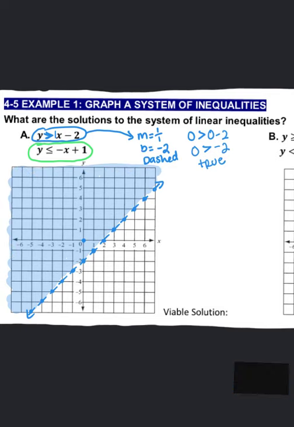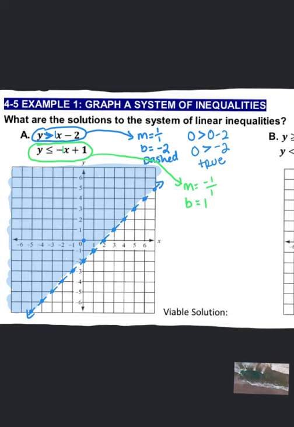Okay, so now let's do the green line. So I know that is also in slope-intercept form. So I know that the M, there's a negative 1 in front of the x, so it's negative 1 over 1, and my y-intercept is positive 1.